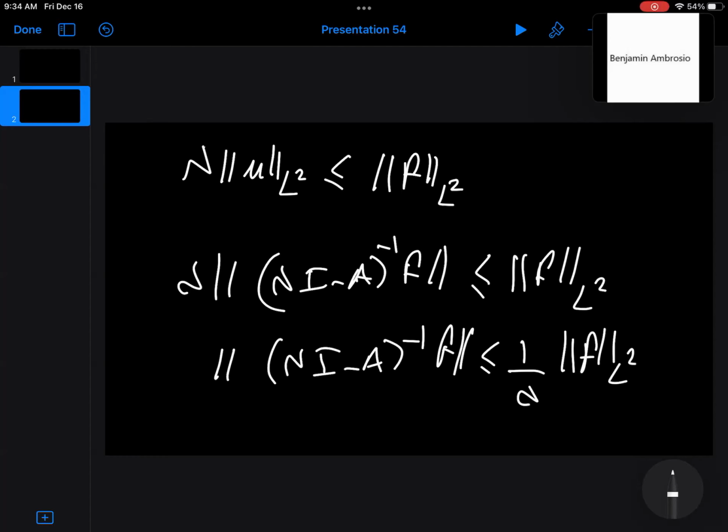This gives exactly what I want, because this means that the norm of this operator is less than 1 divided by lambda. All right, so the L2 case works very well. It requires only techniques from your graduate studies, and you can solve this problem.